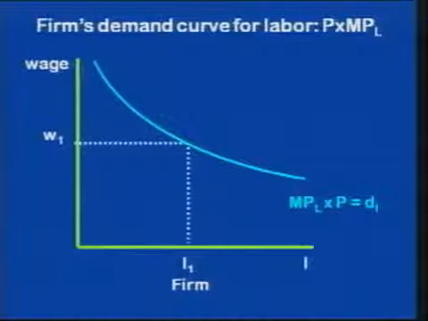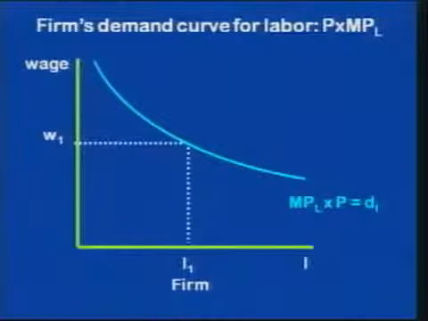Because at any wage rate, the firm will hire additional units of labor as long as the extra money they get in revenue from hiring that labor, the amount of extra output it gets times how much it can sell that output for, exceeds the wage rate.